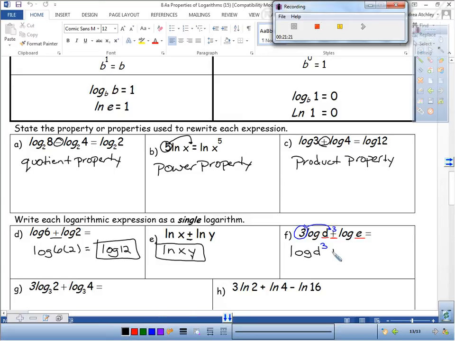I'm going to do this in 2 steps just to make sure we see what's happening. Plus log of e. Then because it's plus, I need to multiply those 2 values together. So it's going to be the log of d cubed times e. Any questions over that? Okay, do the next one on your own.